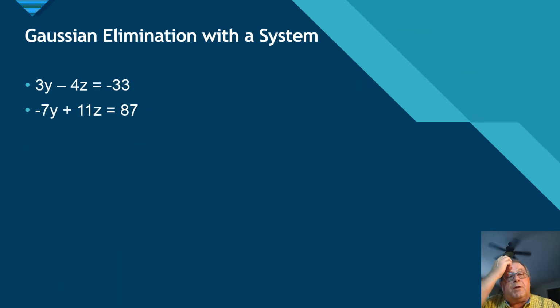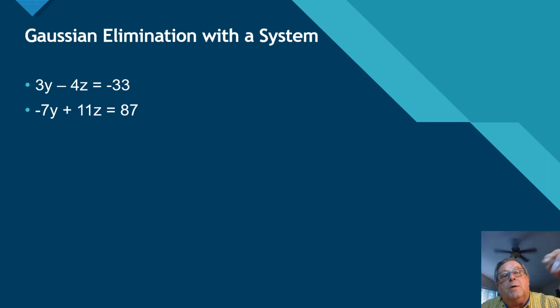Here I've got the two equations that we came up with after we eliminated the x value. And now we want to work to eliminate the y value and solve for z. So I've got 3y minus 4z equals negative 33. And I've got negative 7y plus 11z equals 87. If I multiply the first equation by 7 and the second equation by 3, I'm going to be able to eliminate the variable y.